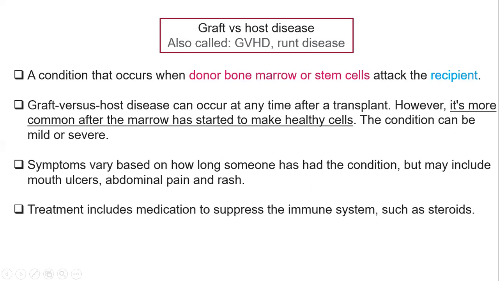Usually the phenomenon is more common after the marrow has started to make the healthy cells. So fundamentally, if you are transplanting bone marrow, the graft should make its own bone marrow, right? Maybe the recipient bone marrow is completely immunodeficient, or they have a disease of the bone marrow.